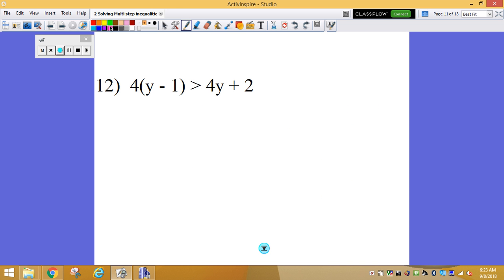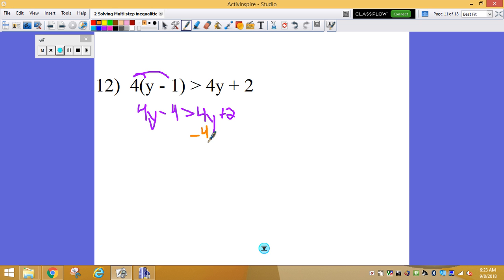All right, let's do another one. I'm going to start by distributing. 4 times y is 4y. 4 times negative 1 is negative 4. I'm going to bring down everything else. Now, can I combine anything on the left-hand side? No, because it's a y and a 4. Right-hand side, same thing. So I'm going to move my letter left.